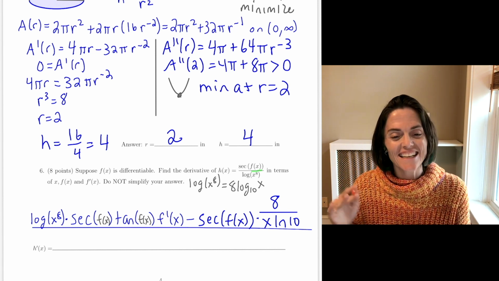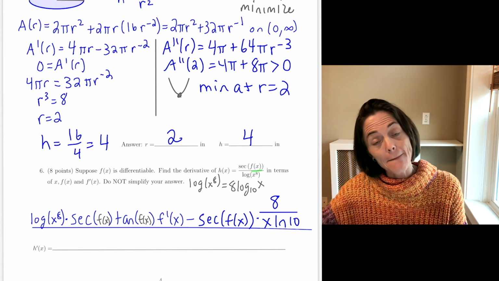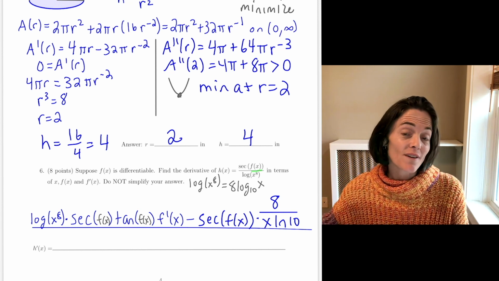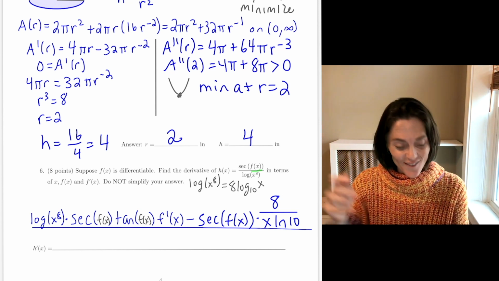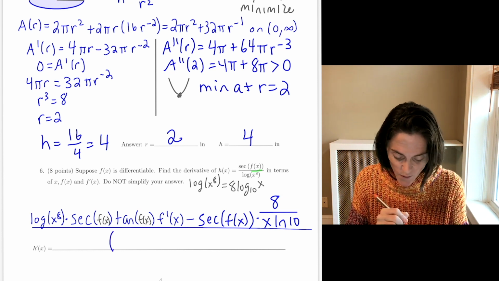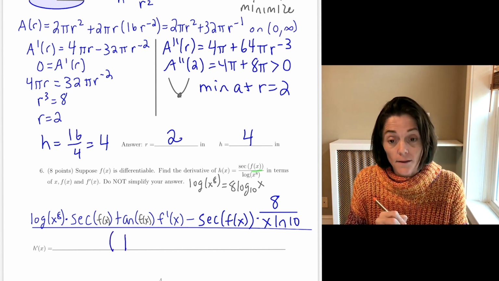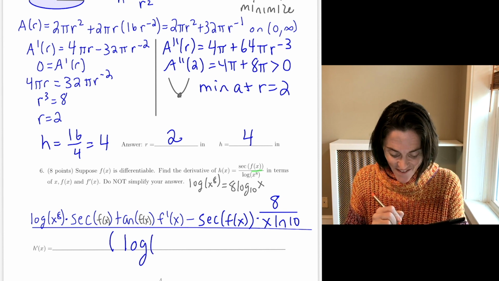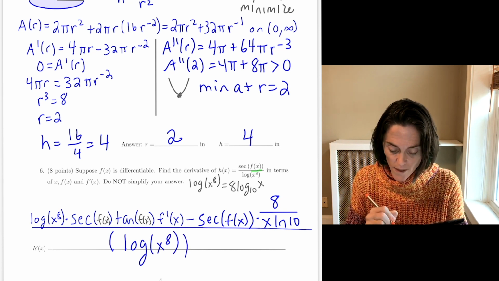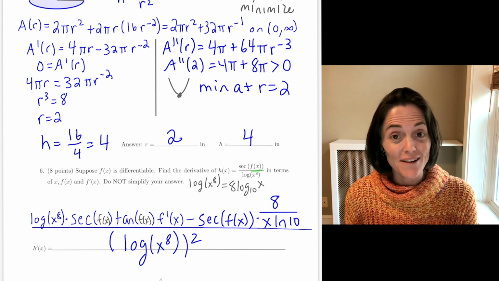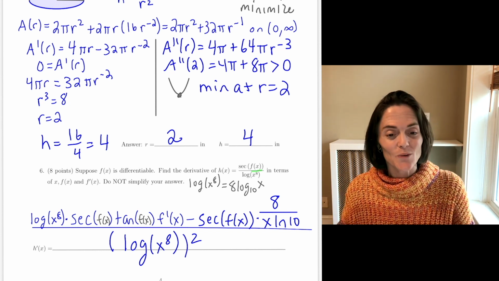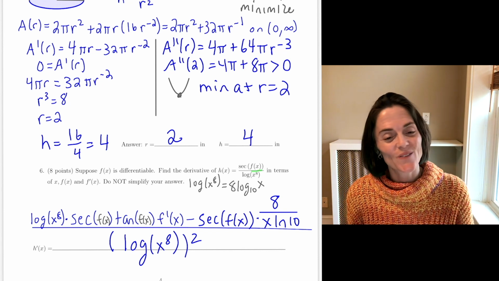Now, denominator, derivative of the numerator, minus numerator, derivative of the denominator. And then quotient rule says all over denominator squared. So we put the log of x to the 8, and then we square it. It's a very big derivative because we had quotient rule together with the chain rule.